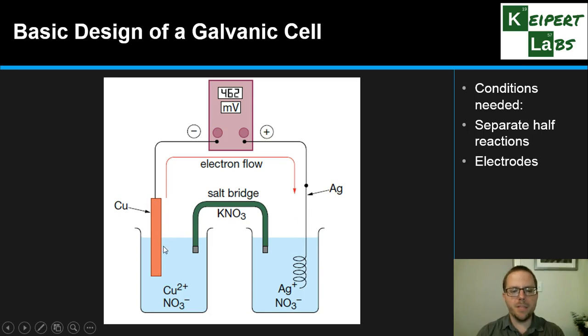They can be pieces of metal, or perhaps carbon in the form of graphite, or something else like that. It depends on exactly what's on each side. You need some metal wire or a way of connecting the two, whether a voltmeter is here or not. The voltmeter is only for measurement, not to make the circuit work. And we also need the salt bridge. So there are some key design features that we need in any galvanic cell.